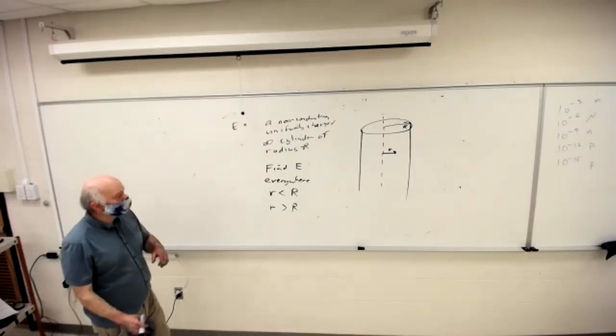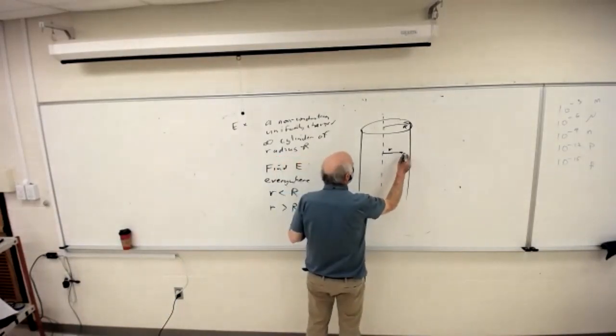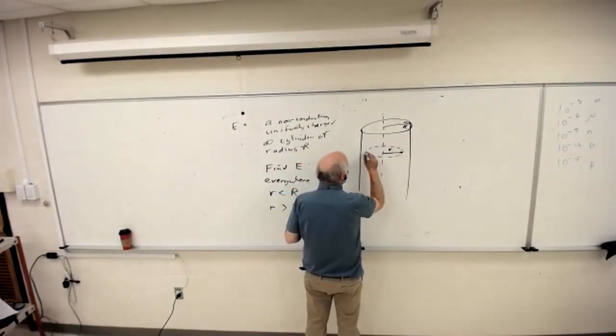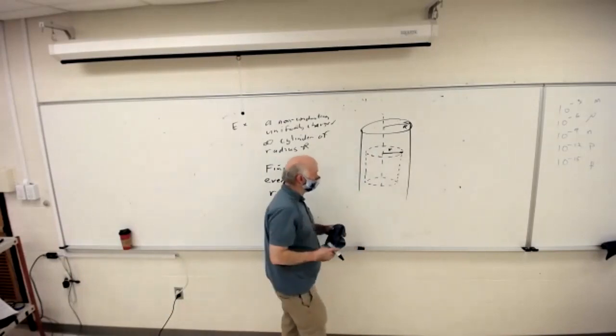You draw your Gaussian surface. And what will this look like? It looks like that.